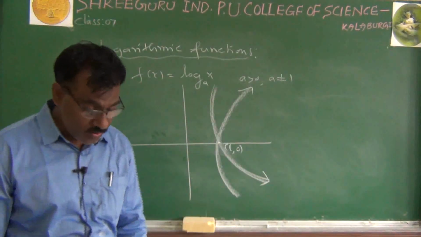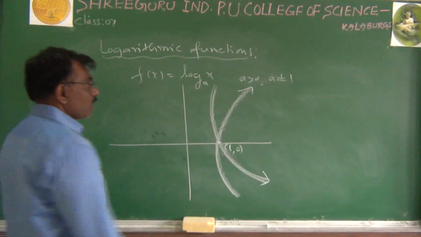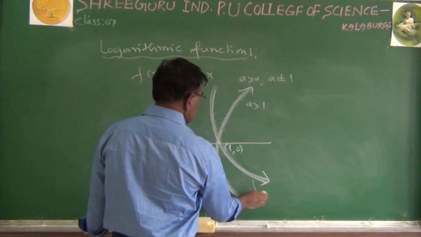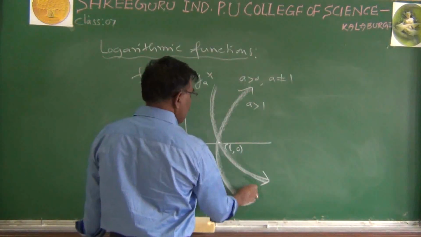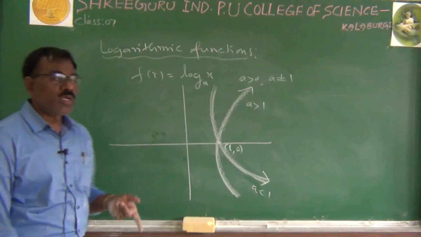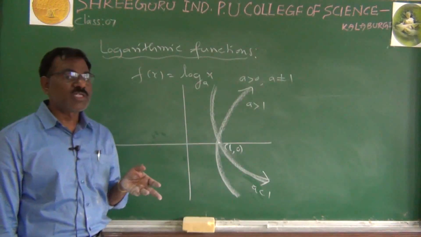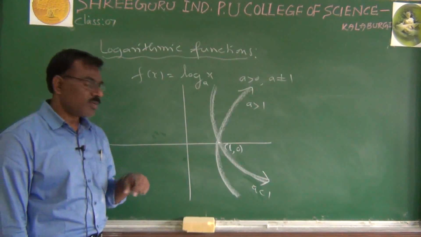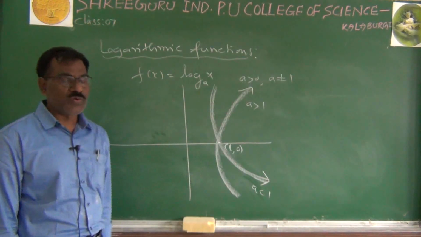This one is a greater than 1 and this one is a less than 1. In the previous exponential function the point was 0 comma 1; here it is 1 comma 0.